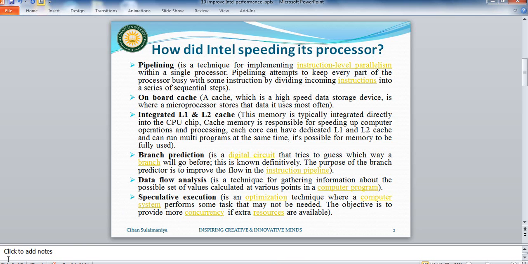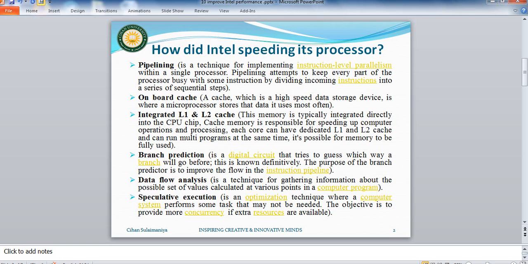The last option to speed up the processor is the speculative technique, or speculative execution. What is speculative execution? It is a technique used to optimize system performance. If a task is not needed, it will delete it, avoiding the task, or maybe the computer would require more programs or more resources.